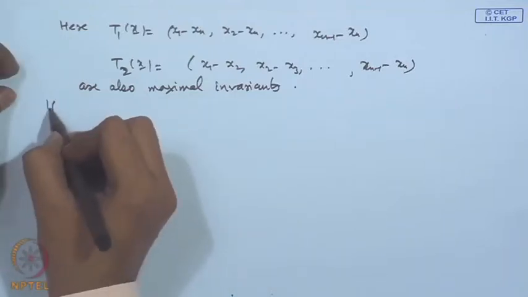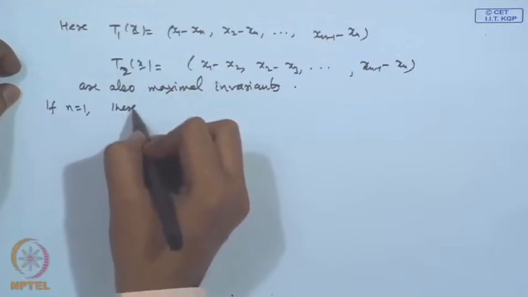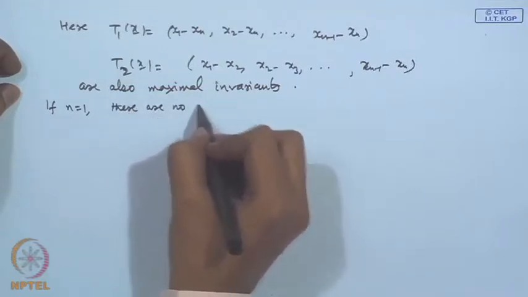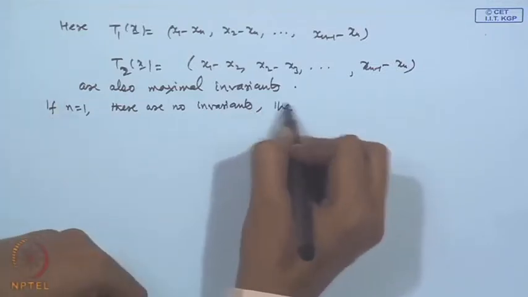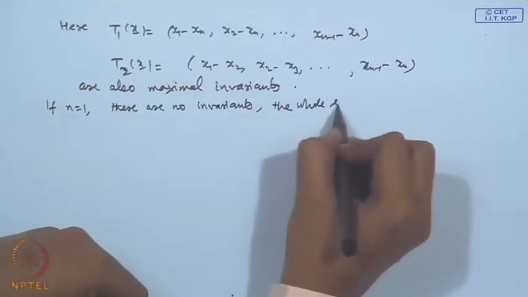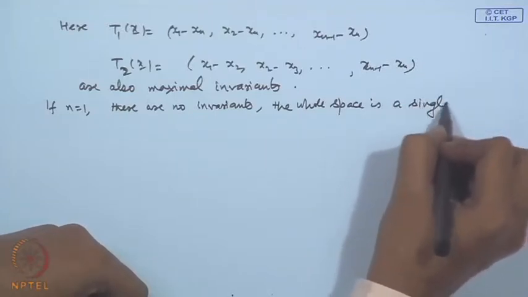If I consider say n = 1, then there are no invariants. The whole space is a single orbit.